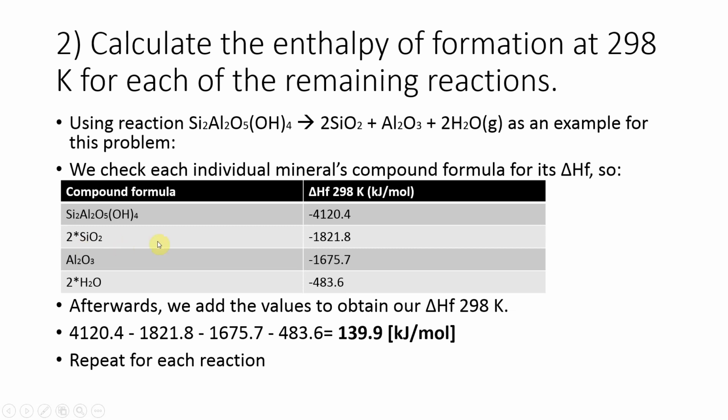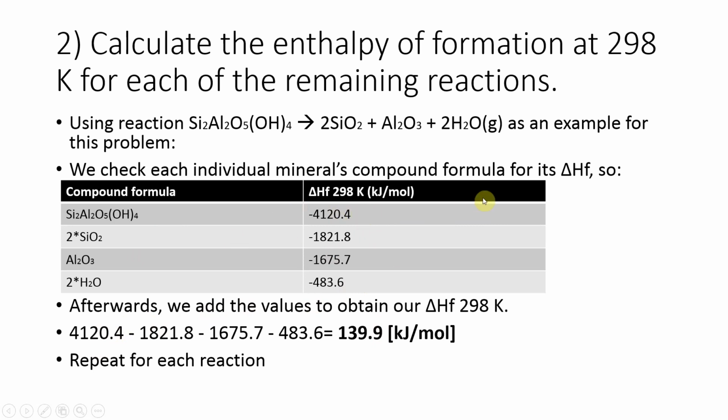Then SiO2 is another one, and it's 2 SiO2, so we multiply that value by 2. These values are given to us in a table that was in the problem. So we just do that, multiply by 2 when necessary, and it will give us this delta H HF 298K in kilojoule over mole. When we have those values, we just do a sum.